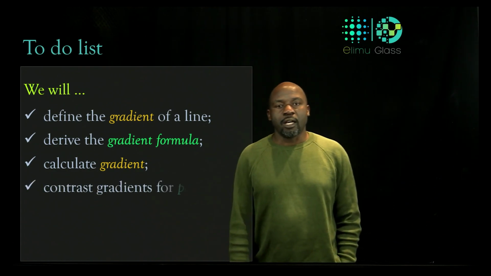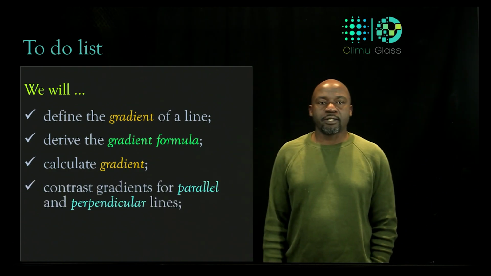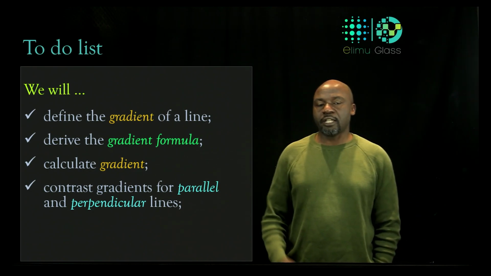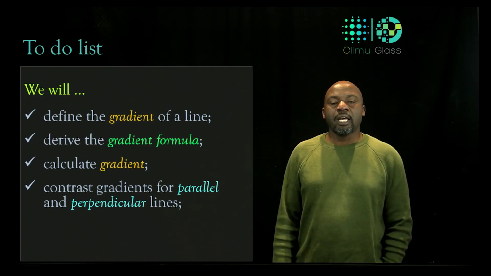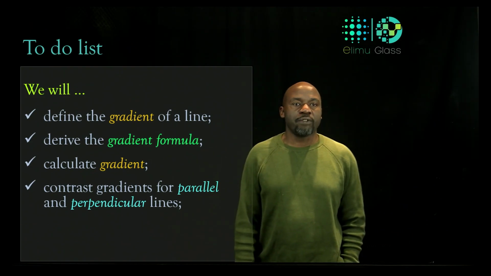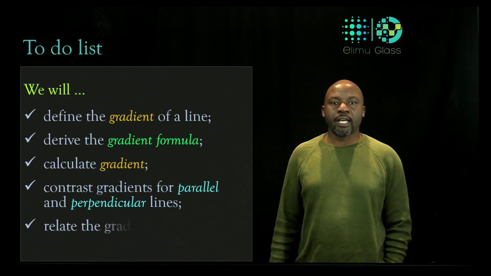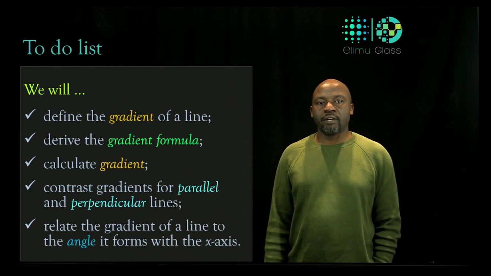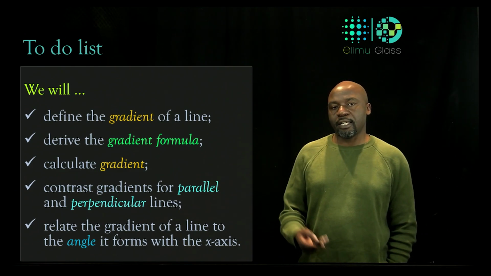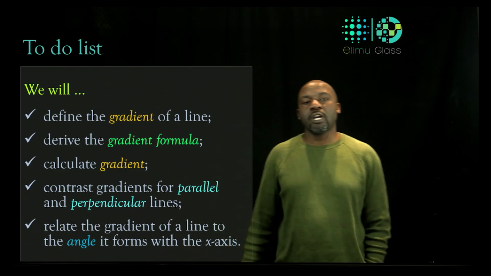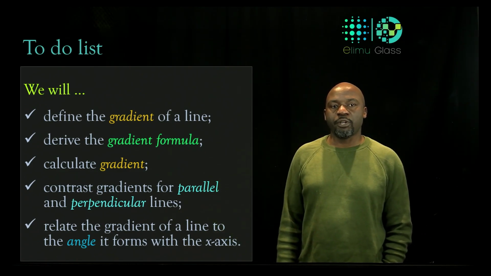After that, we're going to contrast gradients, that is, look at what is common for the gradient of lines that are parallel and what we know about the gradient of lines that are perpendicular. Finally, we will relate the gradient of a line to the angle it forms with the x-axis. This is a bit of an extension for students who've not studied trigonometry before.